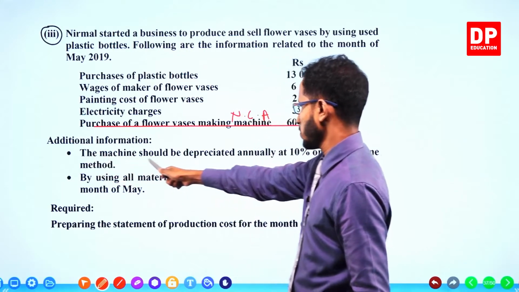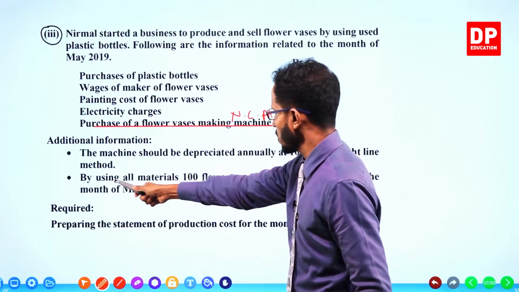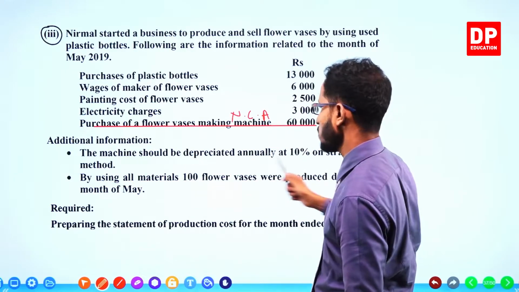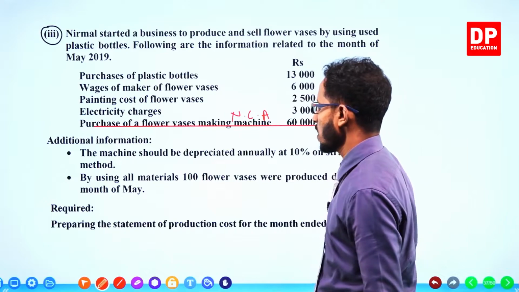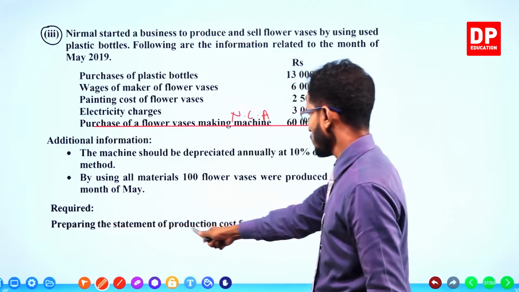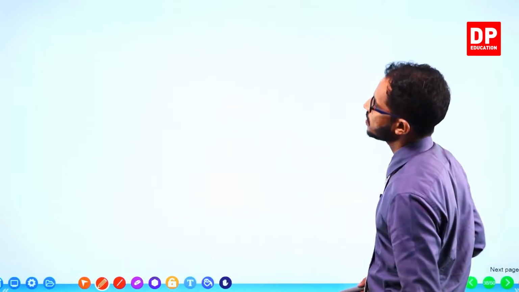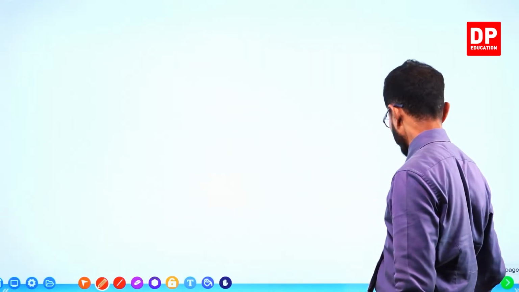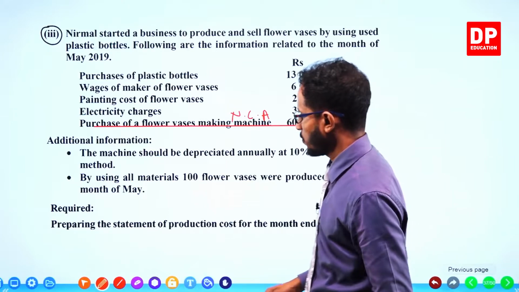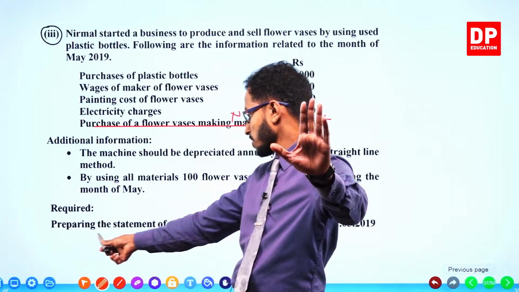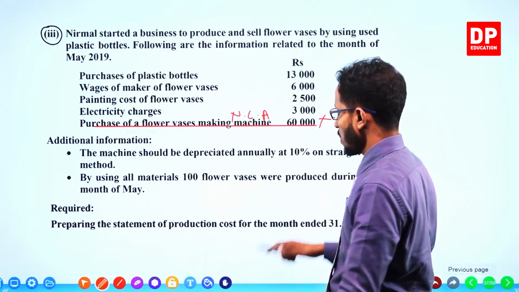Additional information, depreciation is there. 100 flower vases were produced during the month of May. Prepare the statement of production cost for the month ended 31st. Any other questions? No, no other questions. You just have to prepare the statement of production cost.